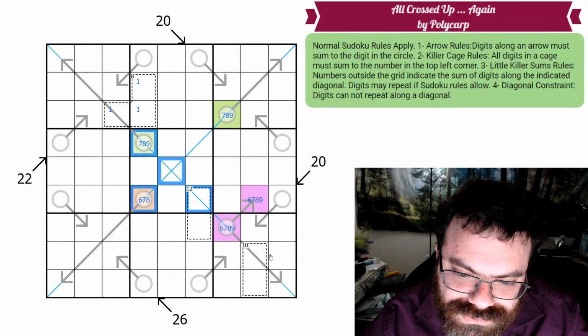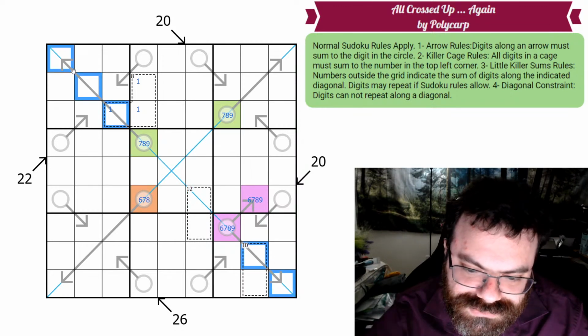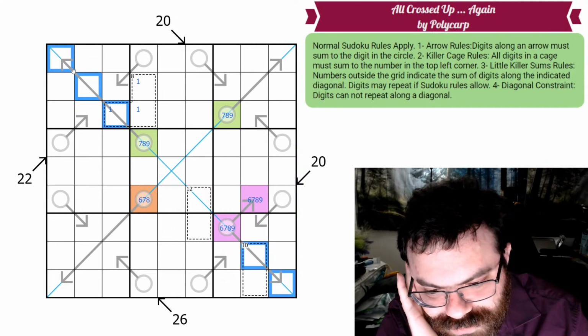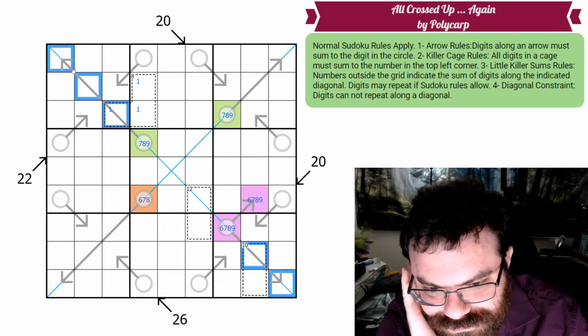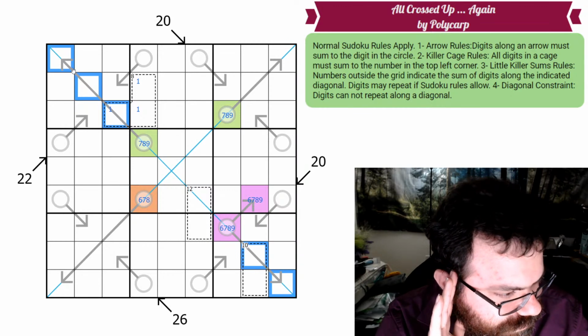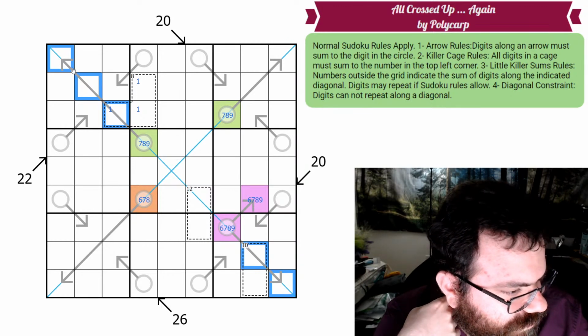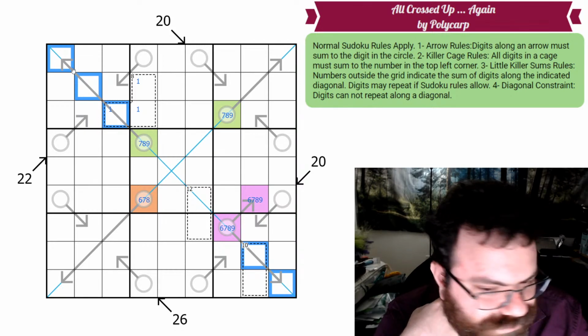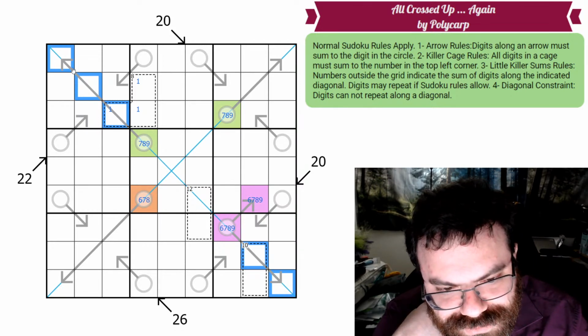Where does orange go? Orange is on one of these arrows. Orange is minimum 6. If purple is 6, orange can't go on the diagonal.